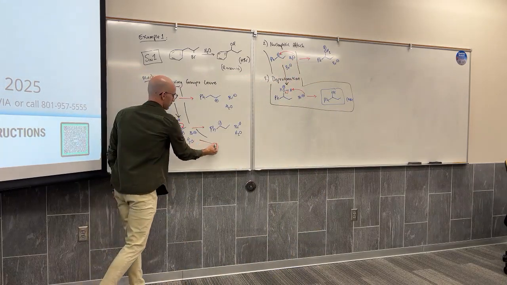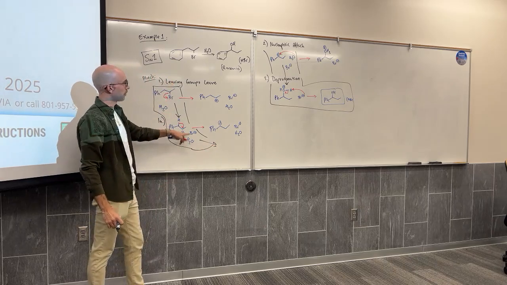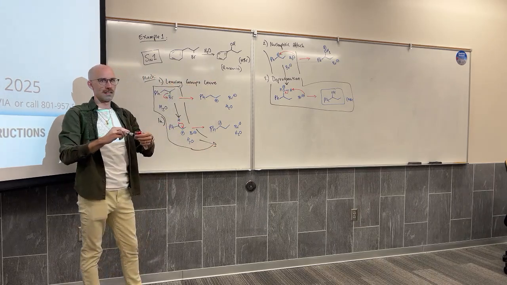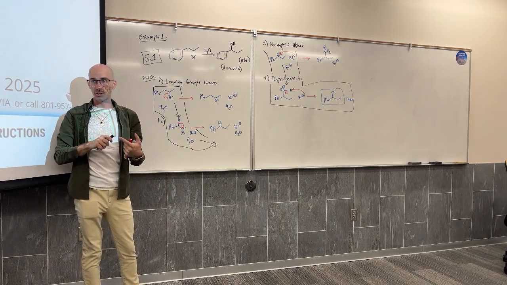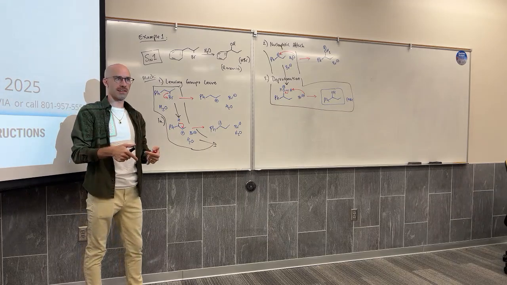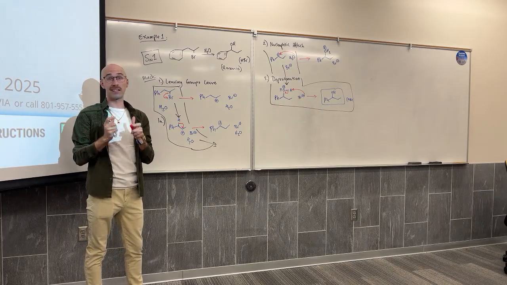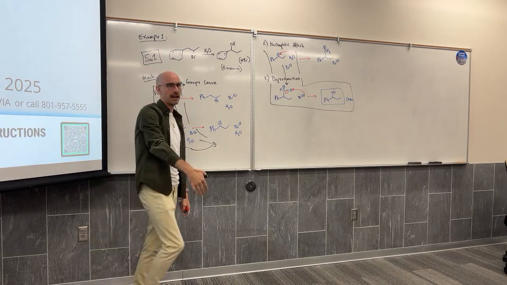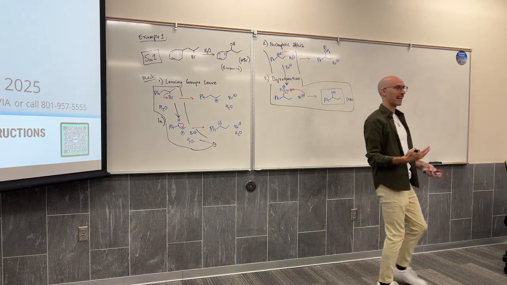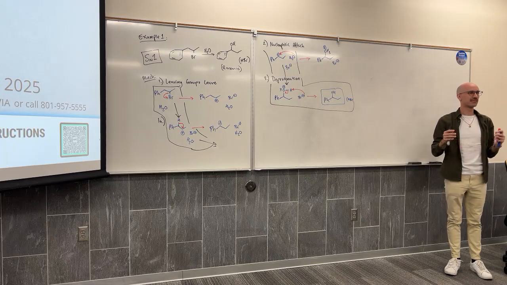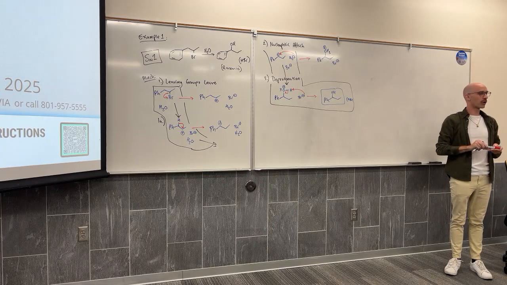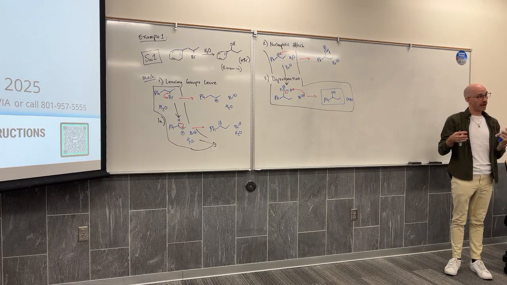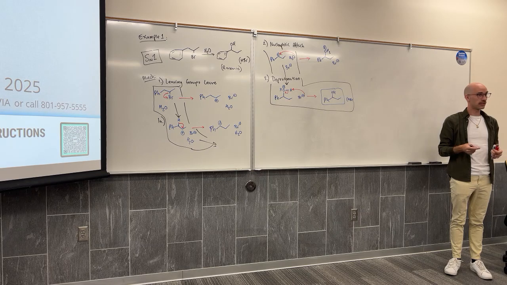Each of these steps feeds directly into the next step. That's half as much work because you don't have to redraw everything, but it's twice as cluttered because every time you draw something, you've got to draw arrows on it. And that can just make it messier. So please do what works best for you. If you want to practice doing both, do it.